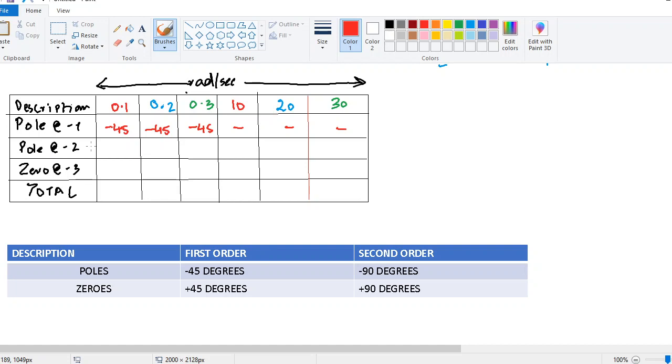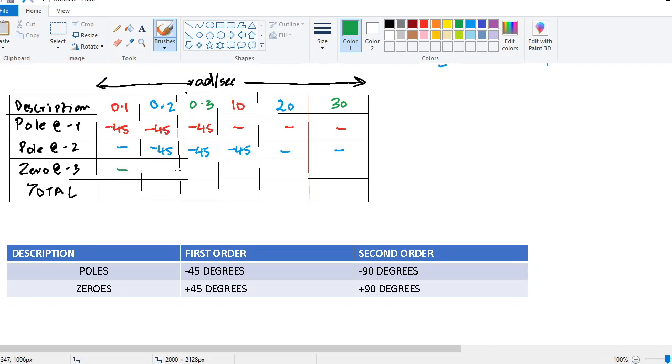Now for the pole at -2, nothing happens to it at 0.1 because remember the start point is at 0.2, right? At 0.2, because it's a first order term, it's going to be -45. It's going to continue at 0.3. It's going to continue at 10. But when it reaches 20, that's when that one is done, because that's the end point, right? Now, the 0 at -3.